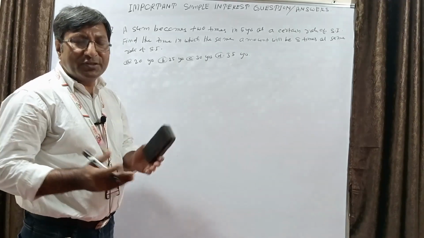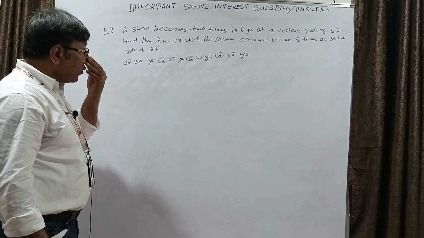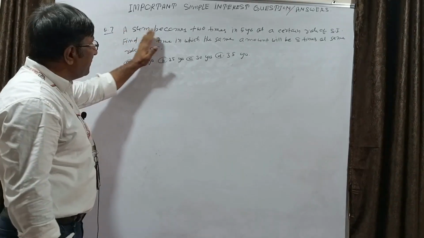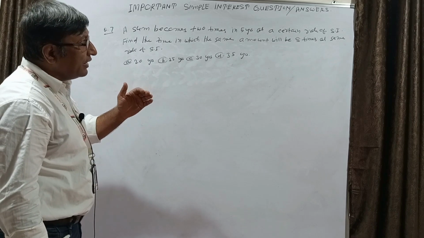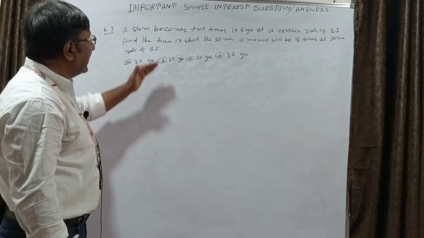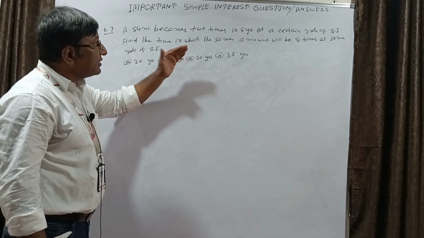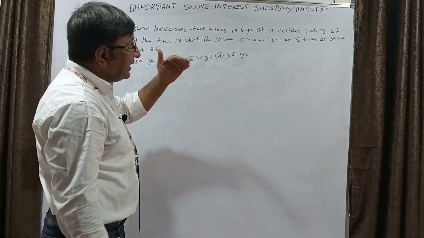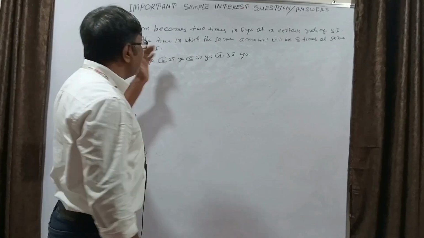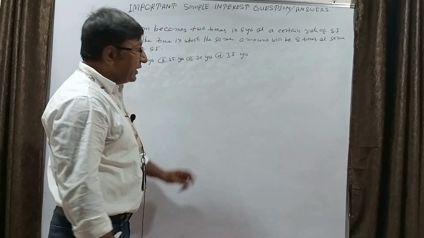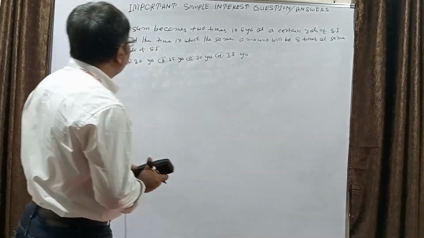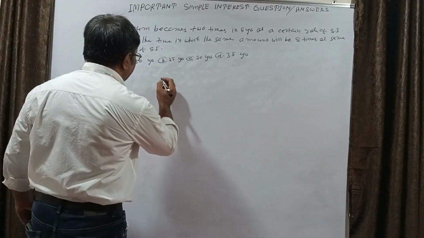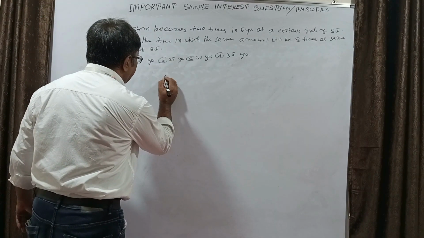Now question number 7. Let us see the question. A sum becomes 2 times in 5 years at a certain rate of simple interest. Find the time in which the same amount will be 8 times at the same rate of simple interest. Again, for this type of question, we have a very simple technique. We have to find time, so we have to find T2.